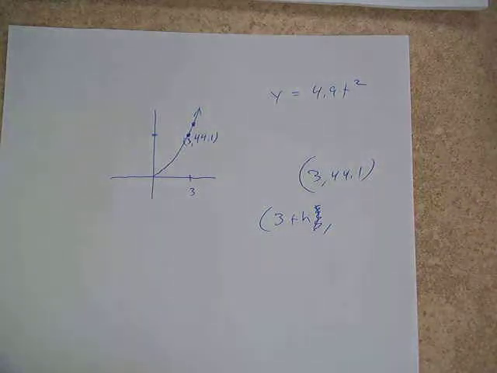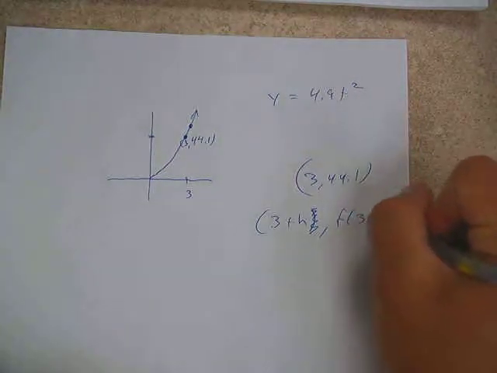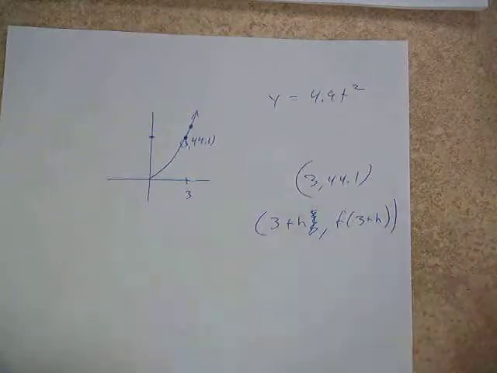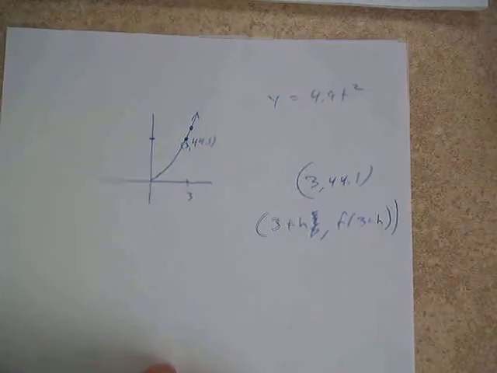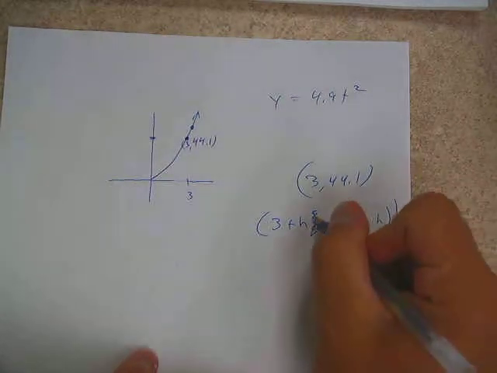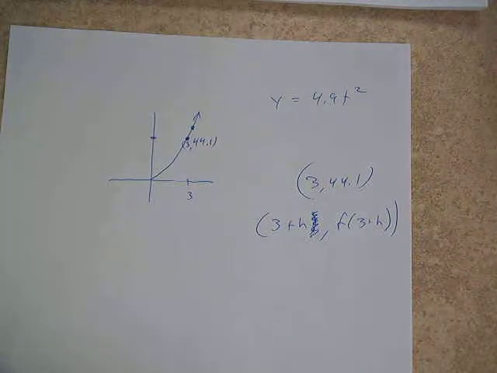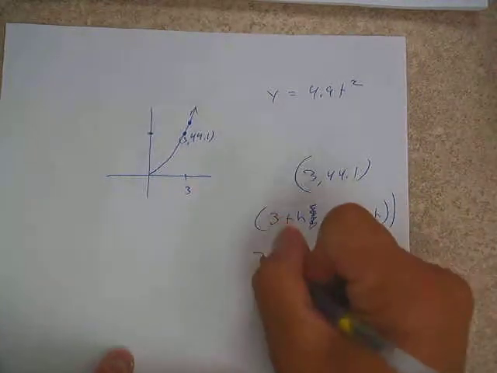If I want to find the slope at that one point, I need to make another point, an arbitrary point, that's h away from that point. So what are its coordinates going to be? 3 plus h, comma, and then the y coordinate of 3 plus h is going to be, in general, f of 3 plus h.